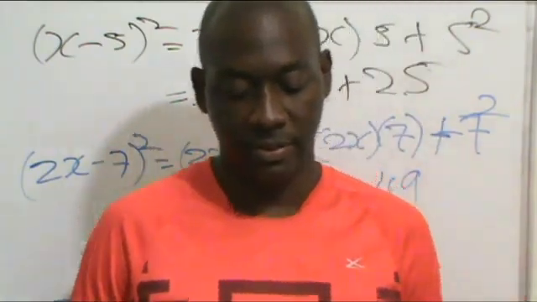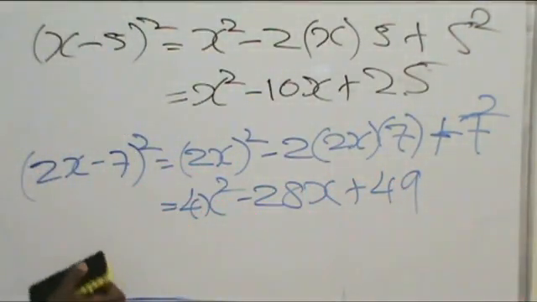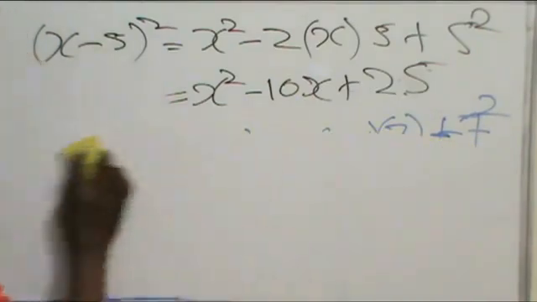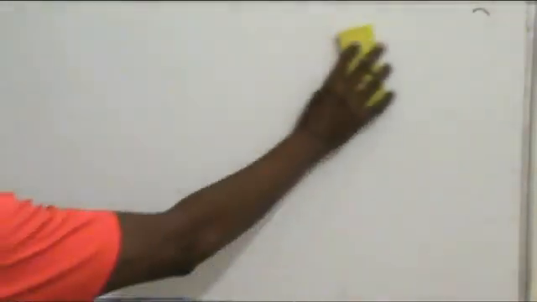Right, and then we have another one here, 7a minus 4b, all to be squared. This is the one that I like because it gives you a little more difficulty now in these questions.